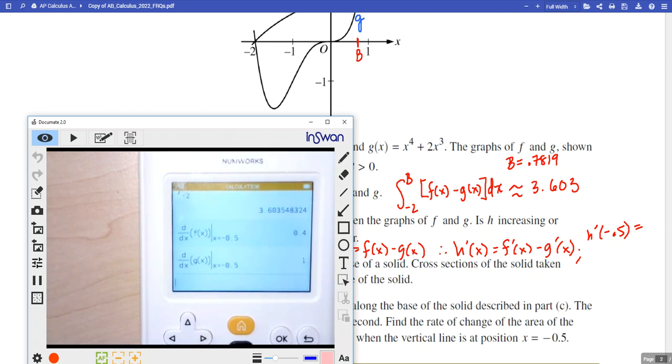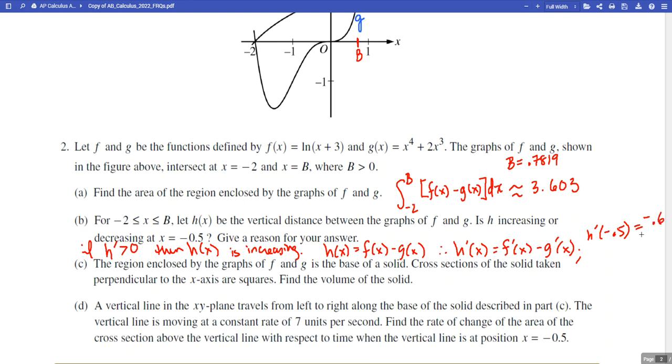So h prime of negative 0.5 is going to be 0.4 minus 1, which is negative 0.6. Negative 0.6, so therefore we are decreasing.